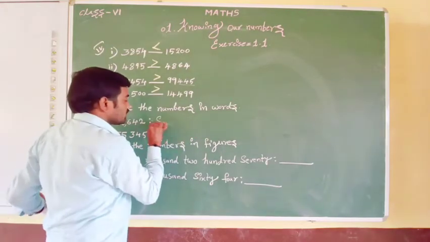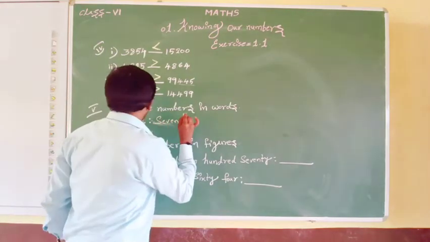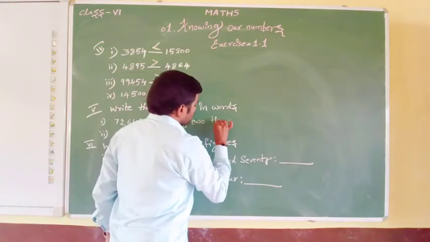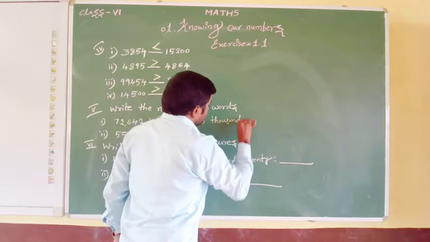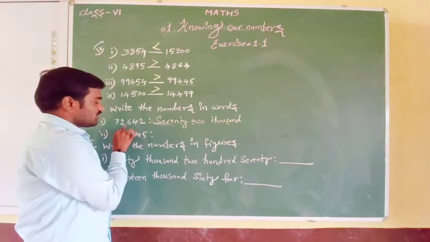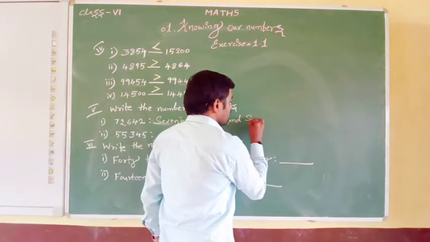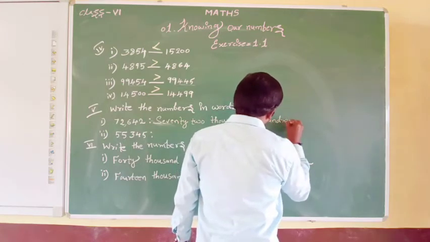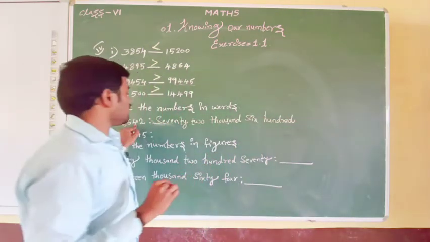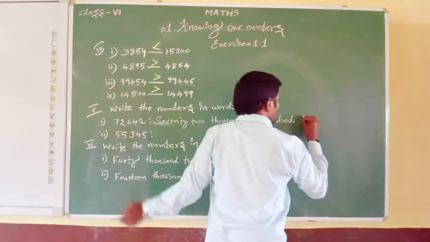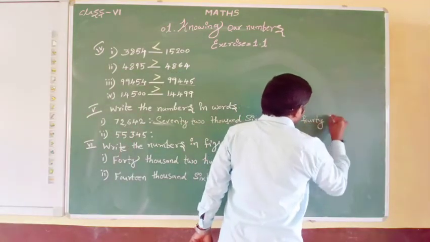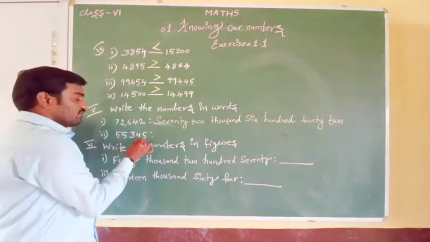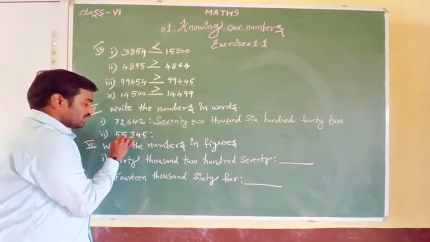Let me write. 72,642. I have written the words now. Let me go for the next one. Here, ones, tens, 100, 1,000, 10,000.